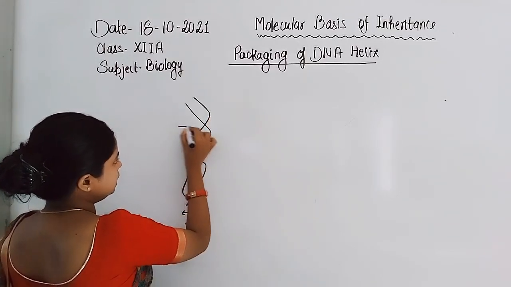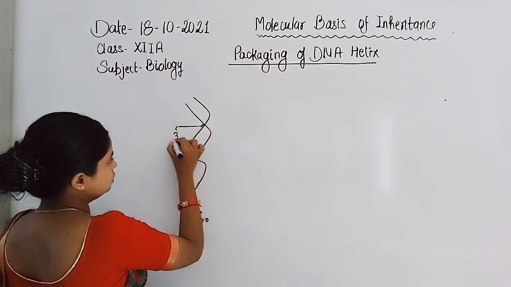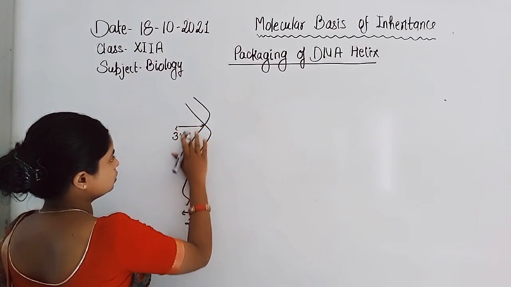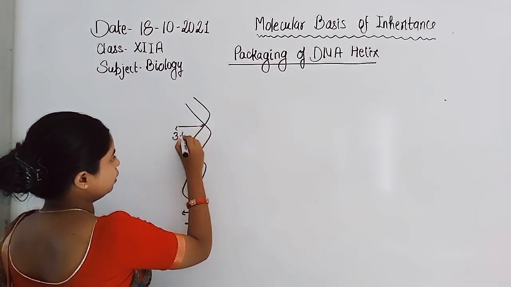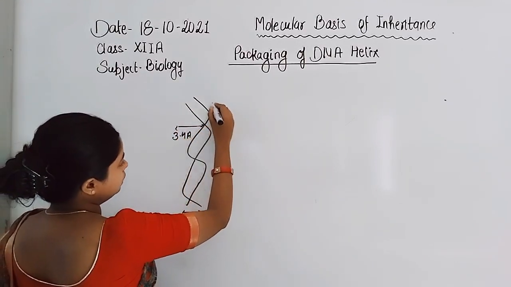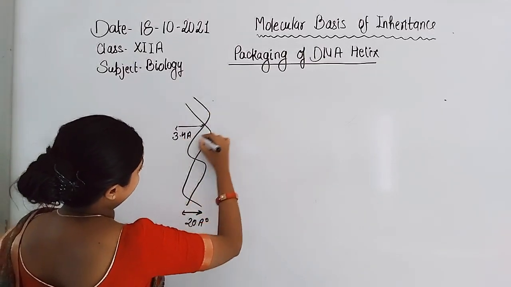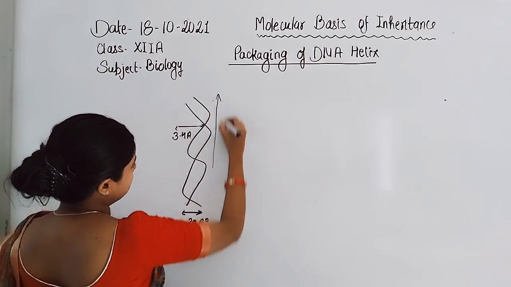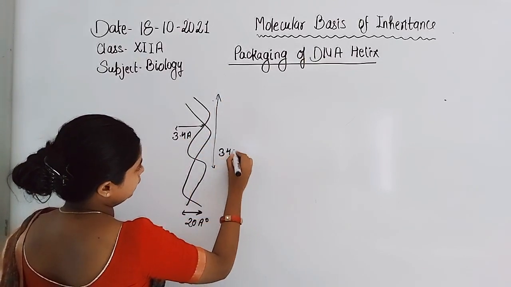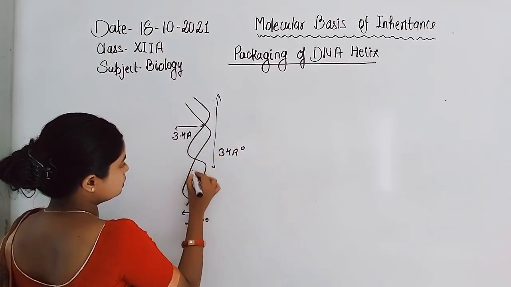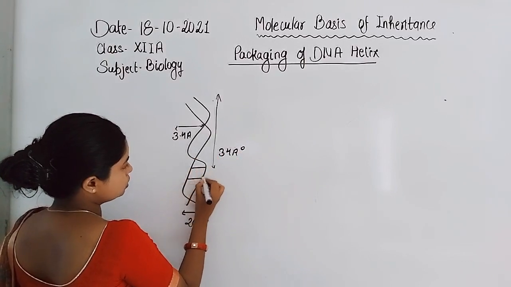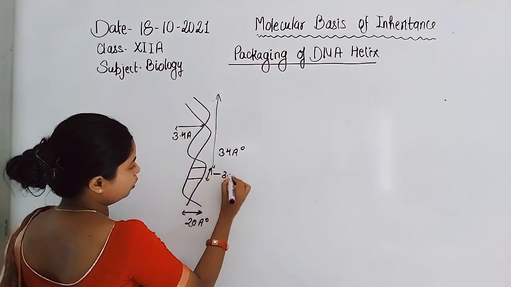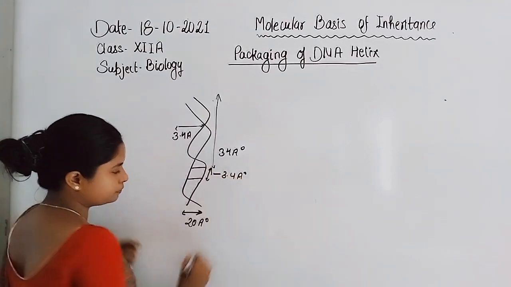The pitch is about 34 angstrom, the length of one coil is about 34 angstrom, and the distance between two nitrogenous bases is 3.4 angstrom.